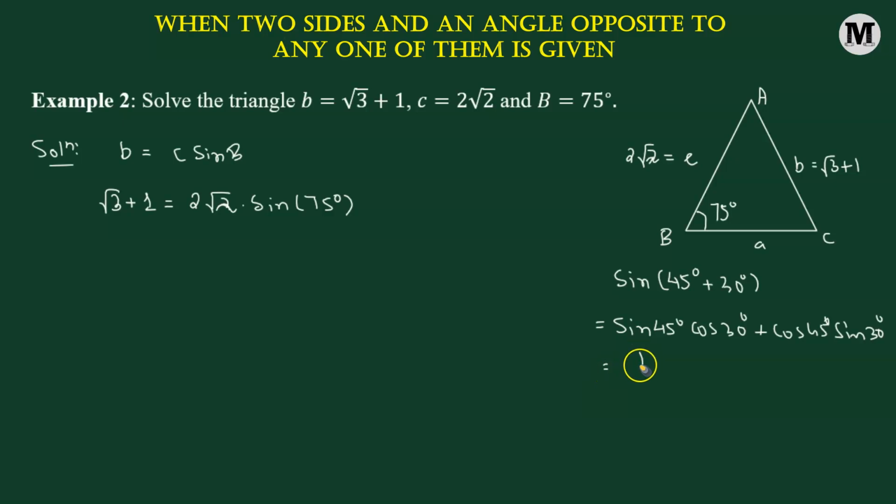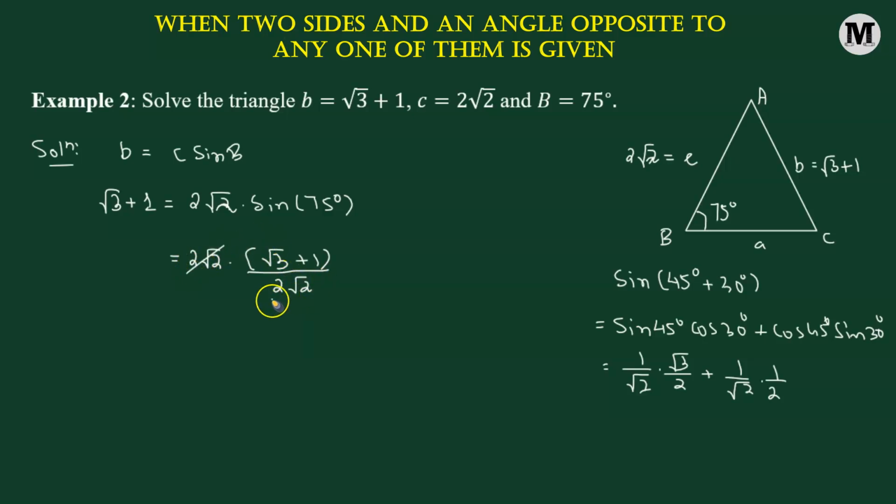Then we have sine 45, that's 1 over square root of 2, multiplied by cosine 30, that's square root of 3 over 2, added to cosine 45, that's 1 over square root of 2, multiplied by sine 30, that's 1 over 2. So that means sine 75 degrees comes out to be square root of 3 plus 1 divided by 2 times square root of 2.